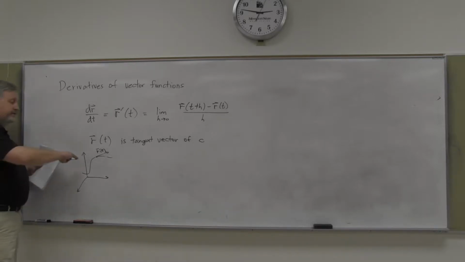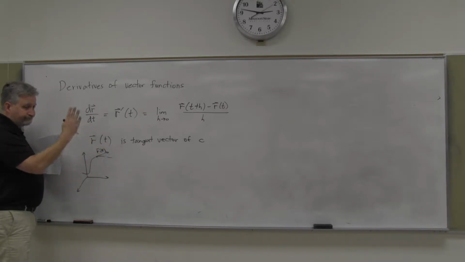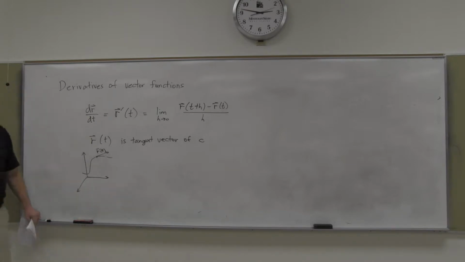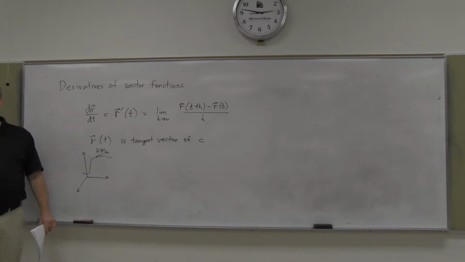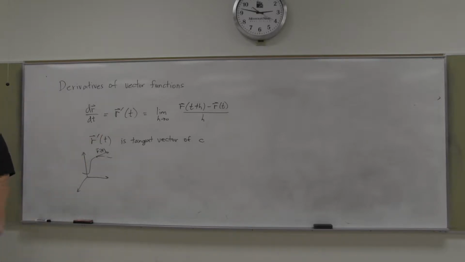So remember, there would be a tangent line there. r prime is the vector parallel to that tangent line.